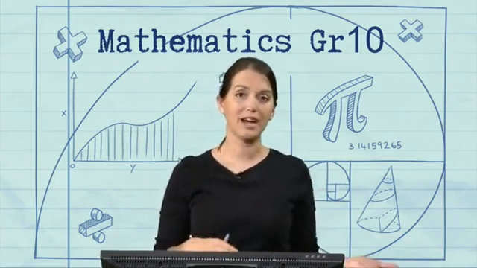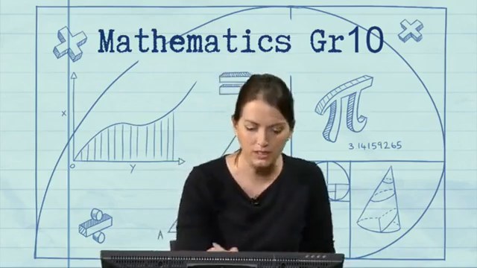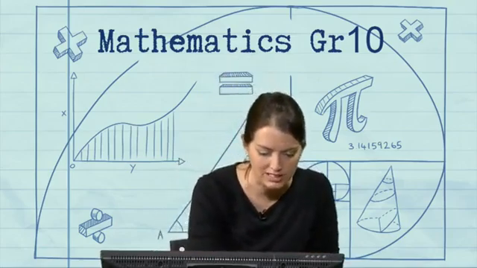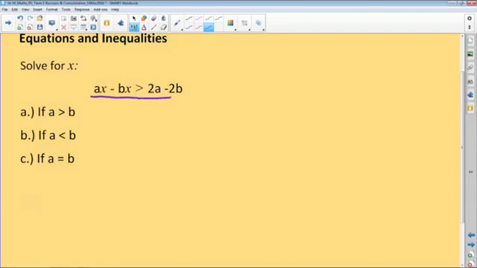So let's look back at the inequality. The original inequality said ax minus bx is greater than 2a minus 2b. Now, I don't really like it the way it is, so I'm going to play with it, because maths is all about making it easier for myself.